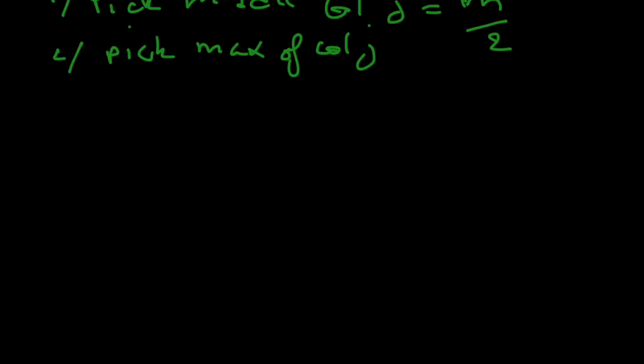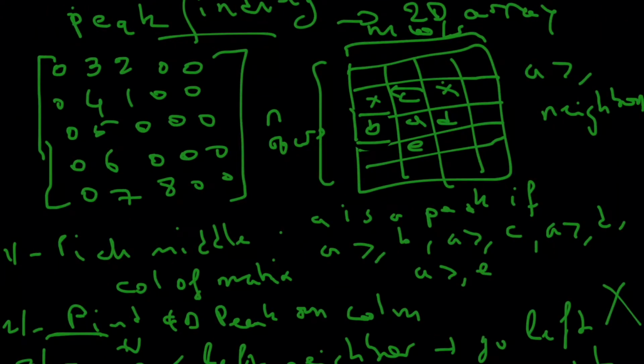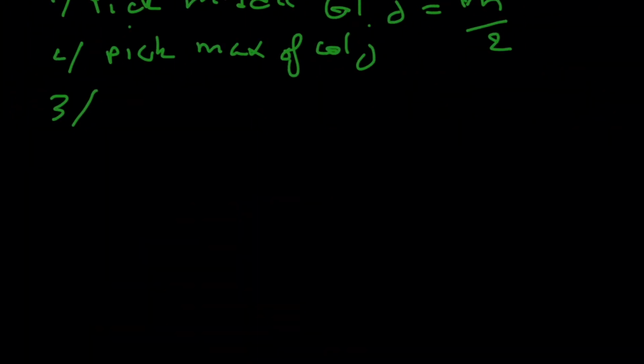And the third step would be also the same. So it would be checking the left neighbor and right neighbor. So this max of the column here, let's just call it max. So if max is less than left, then recurse left.